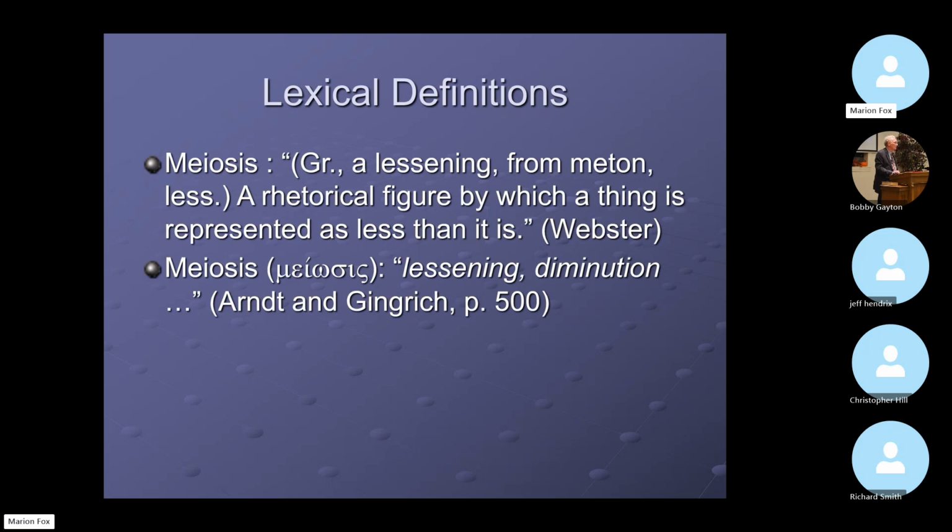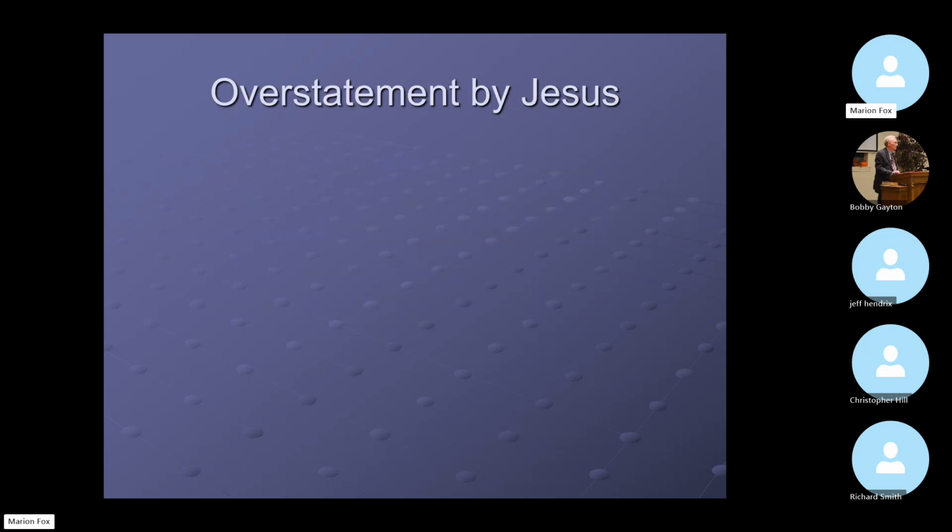But Arndt and Gingrich has the New Testament lexicon plus extra-biblical words that are found in writings of the church fathers and others. So it's a little bigger lexicon, and it's meiosis, a lessening, a diminution. So you make it smaller than it really is.